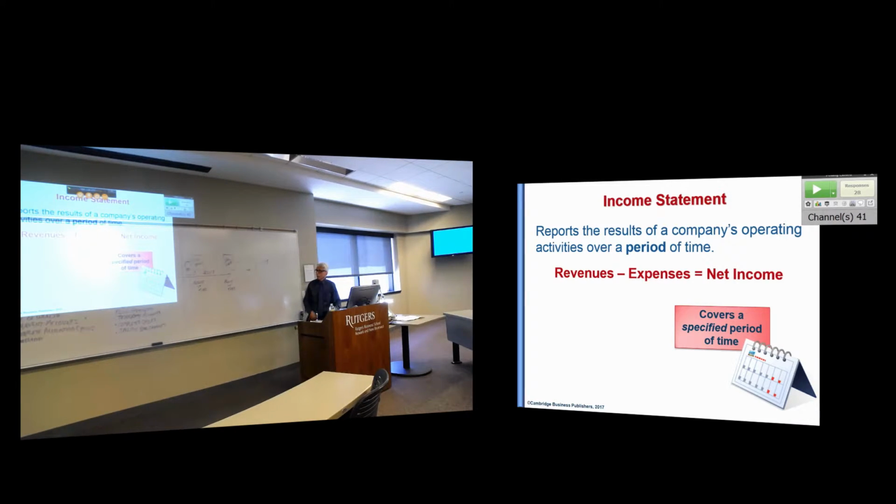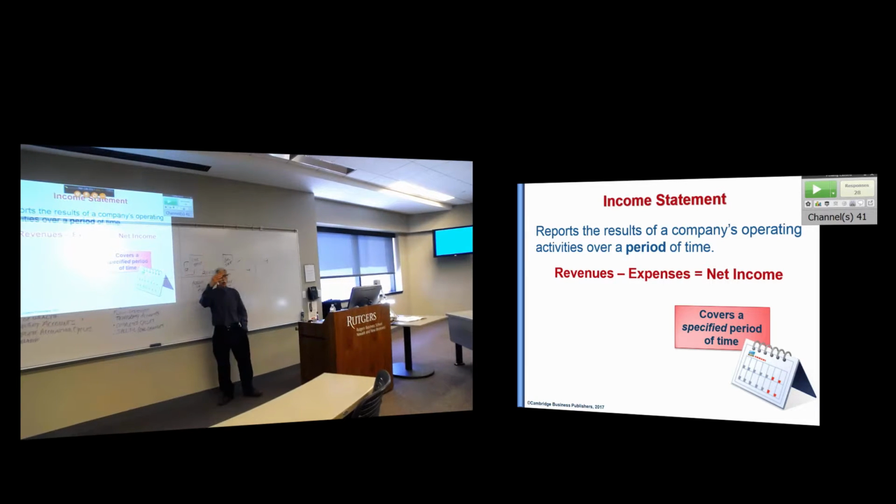All right. What about revenues and expenses? Income statement. The income statement is the listing of revenues and expenses, your net income and your net loss over a period of time. And as I said, the income statement is a flow statement. These are temporary accounts that are only used to measure the change in wealth.